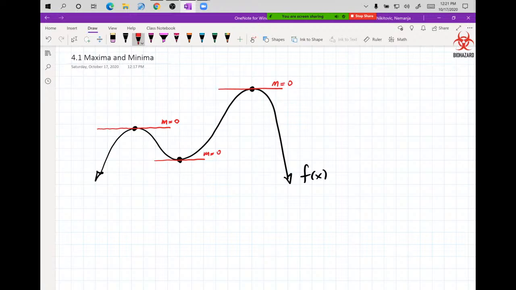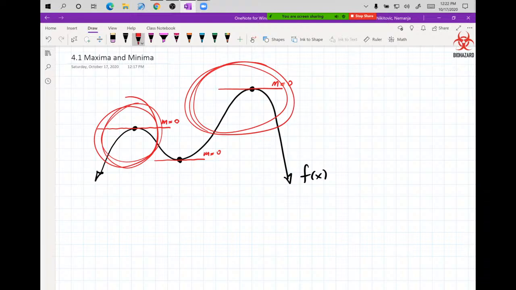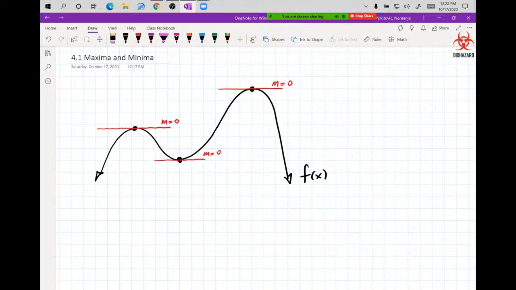So now, what we see here is a maximum that is lower than the other maximum over here. And for these, we are going to have different names.